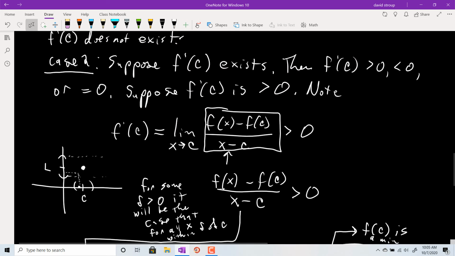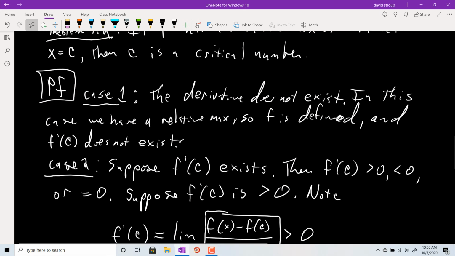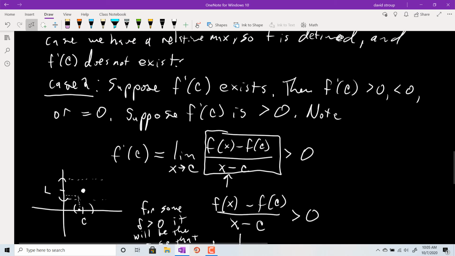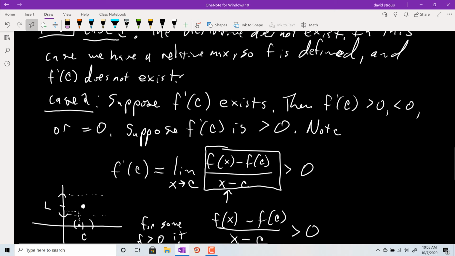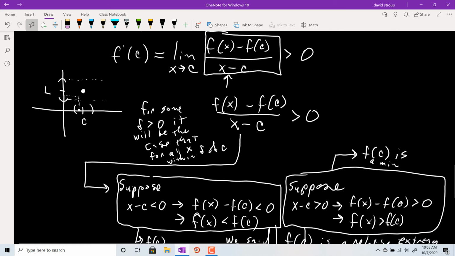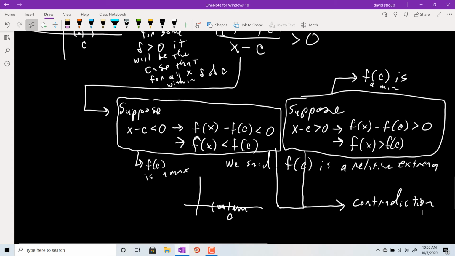So again, let's think about where we are here. We are given that f of c is a relative extrema. f prime of c exists, and so therefore f prime of c has to be greater than 0, less than 0, or equal to 0. So we supposed it was greater than 0, but if you do that, then on the left it seems there's no way for it to work, right?